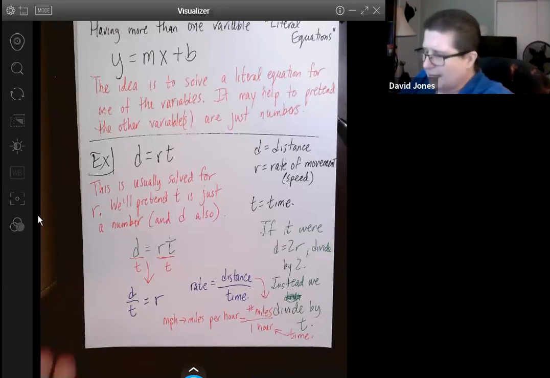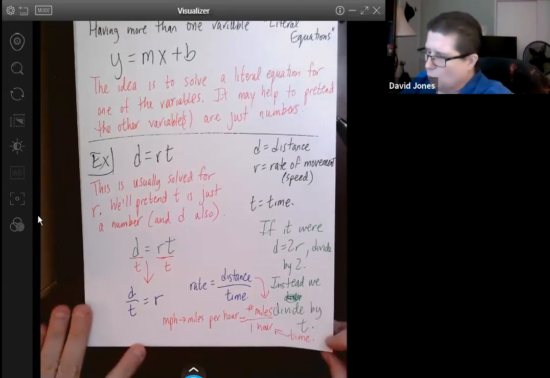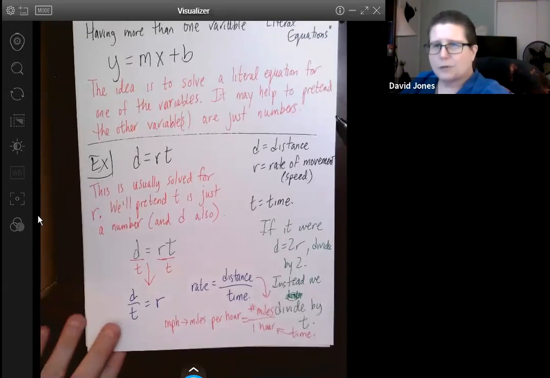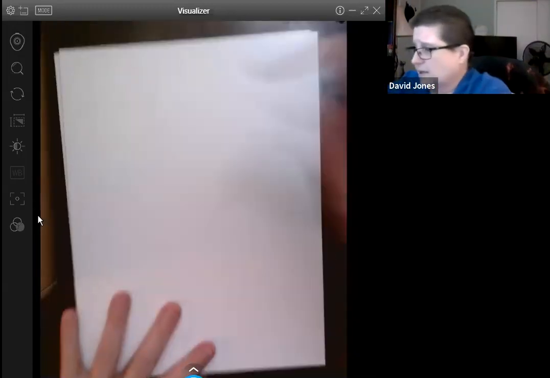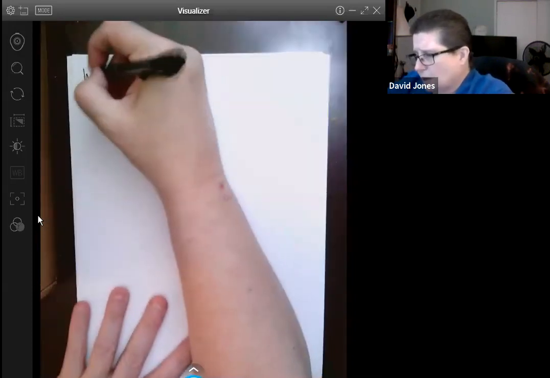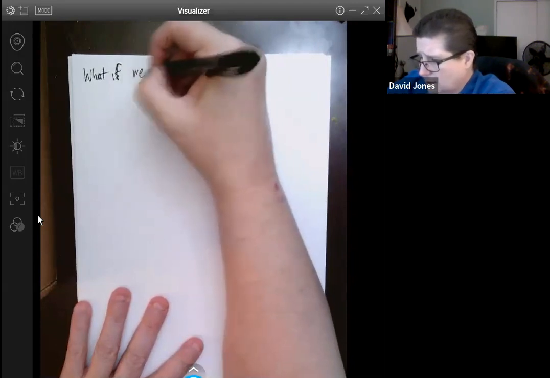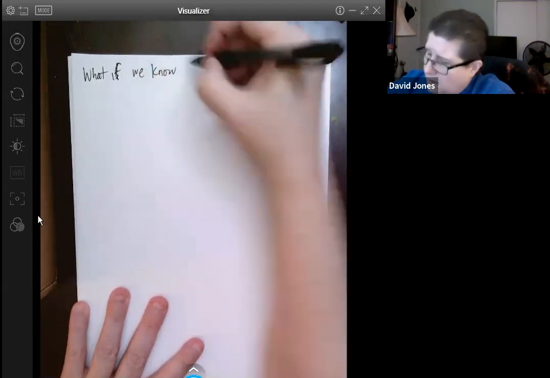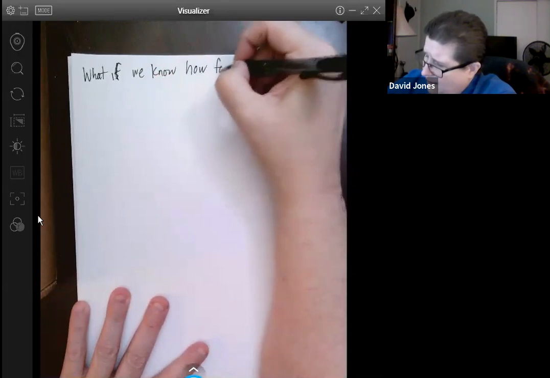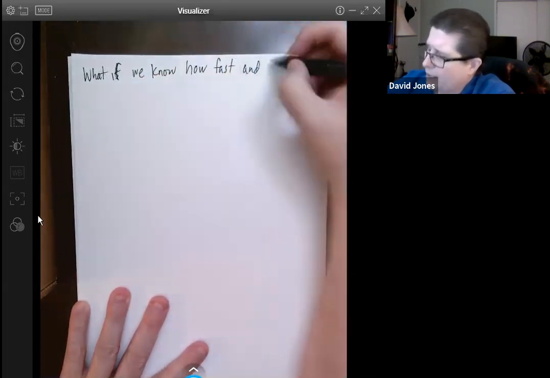We don't necessarily have to solve for R though. Let's give this example. What if we know how fast we're going, and how far we are going?